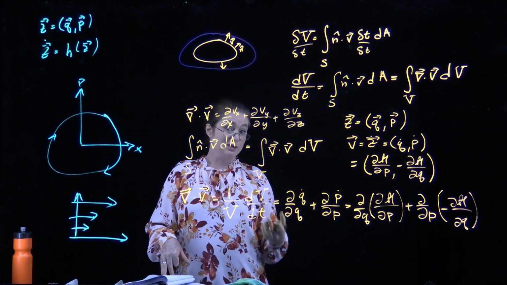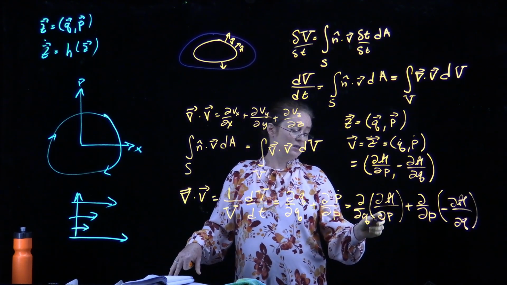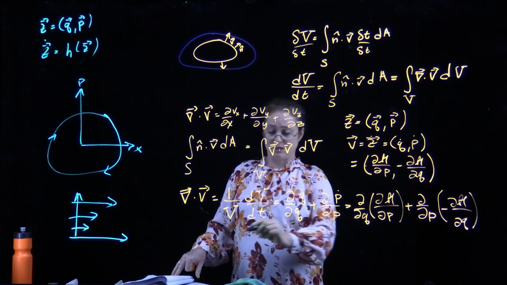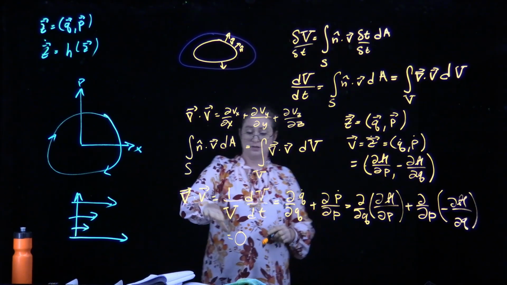We're describing real physical systems. So these are smooth derivatives, and we can switch the order. And this turns out to be 0.